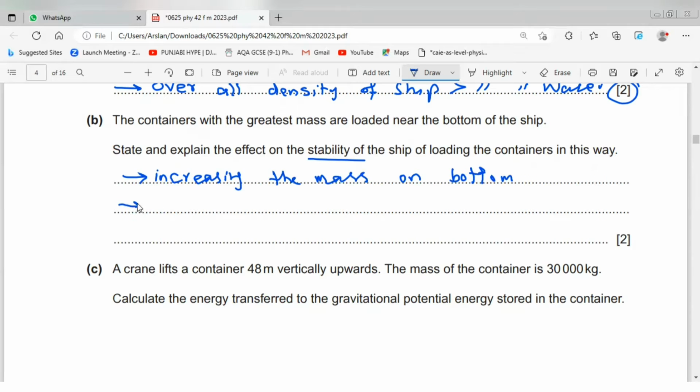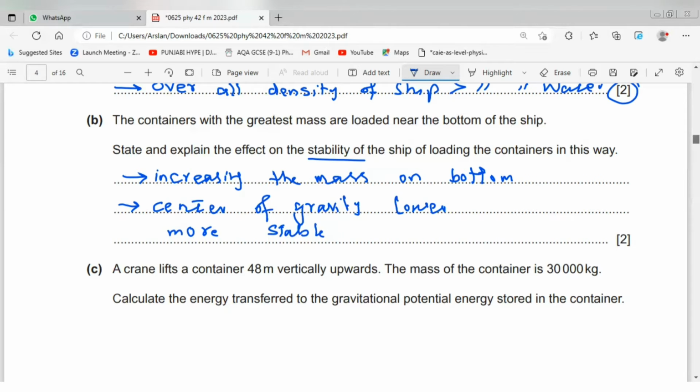Also, you can keep the center of gravity lower. The ship will be more stable. So you will get 2 marks.